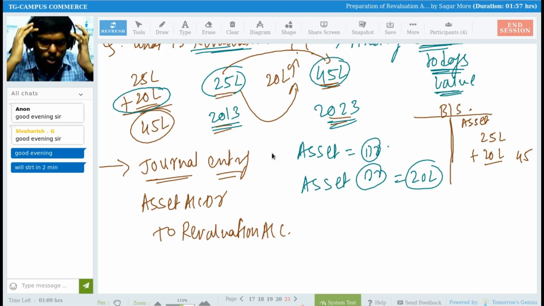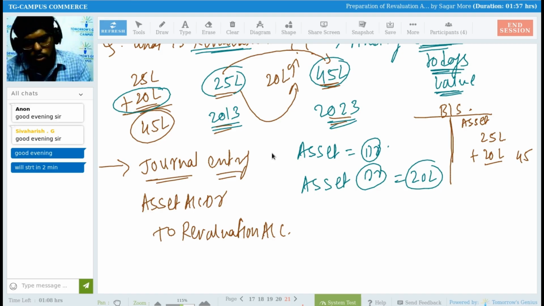Simple, sir. Revaluation account is as good as your profit and loss account. Right? Sir, if the value of an asset increases, it's a profit for me. So where we have to record profit? We have to record profit on the credit side of the revaluation account. So my journal entry will be asset account debit to revaluation account when the asset increases.